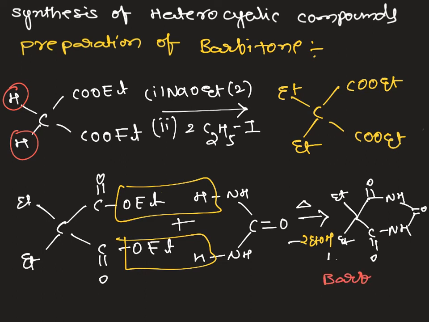The difference between barbituric acid and barbitone is that in barbitone we have 2 ethyl groups. In barbituric acid, in place of ethyl we have hydrogen atoms. And these are some of the synthetic applications of diethyl malonate.